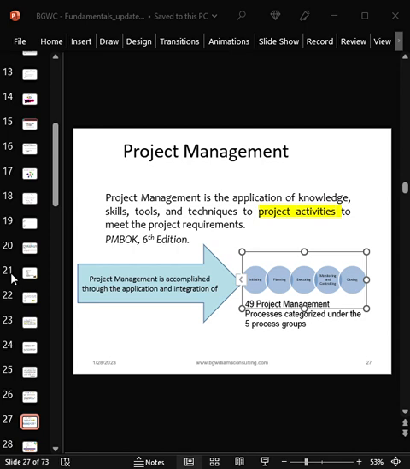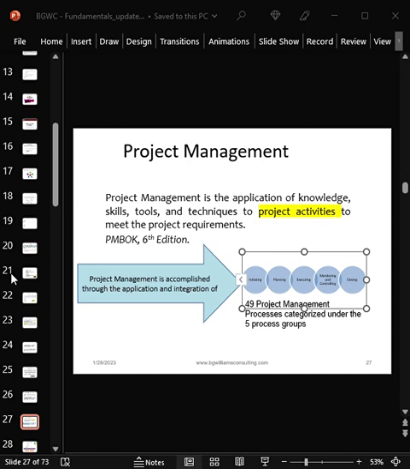So that is why if you find yourself in the design space, or in the creative industry, or in the pharmaceutical, or in the fintech space, or in the NGO space, you know the knowledge to apply to those project activities. Do you get that now? Hope that is clear.